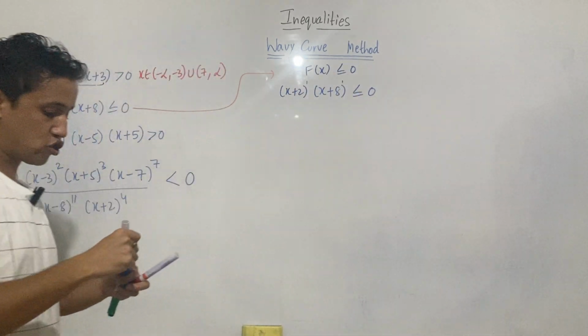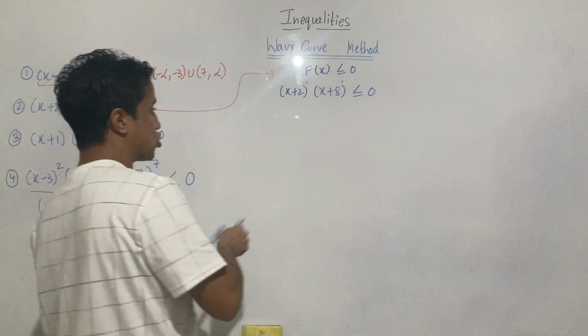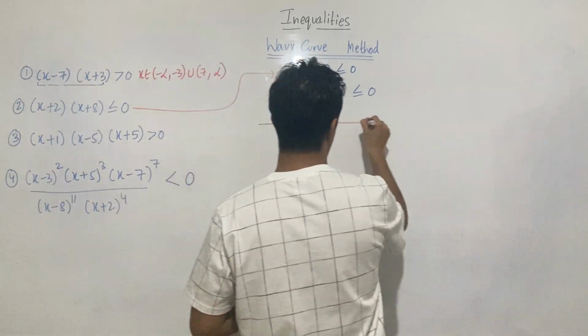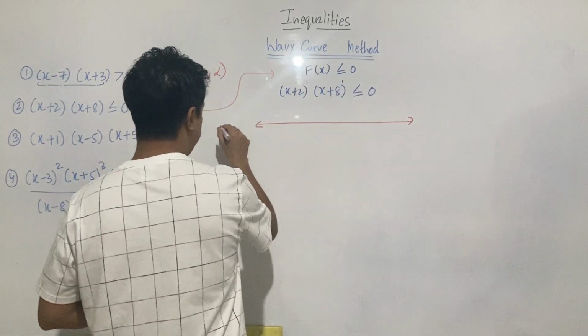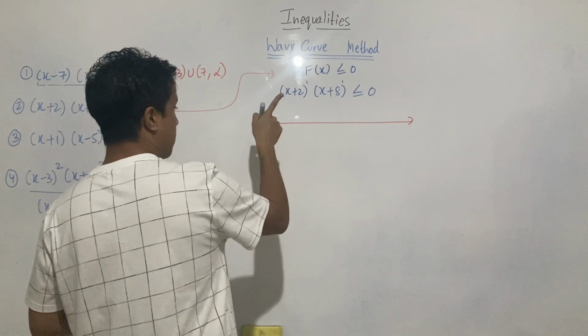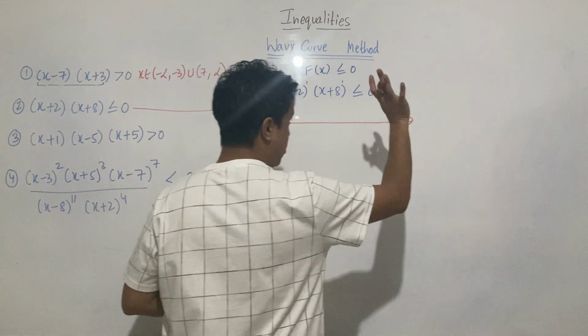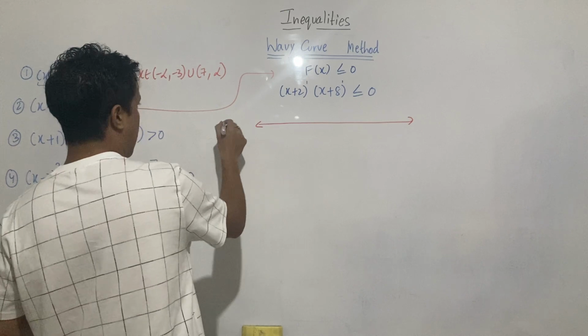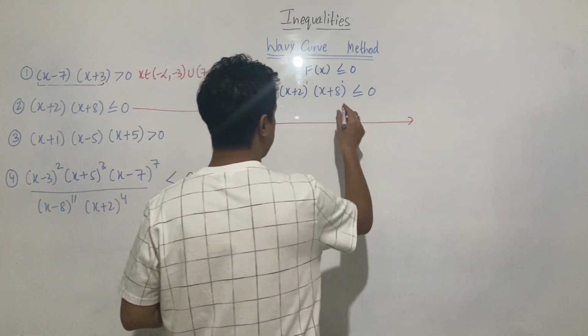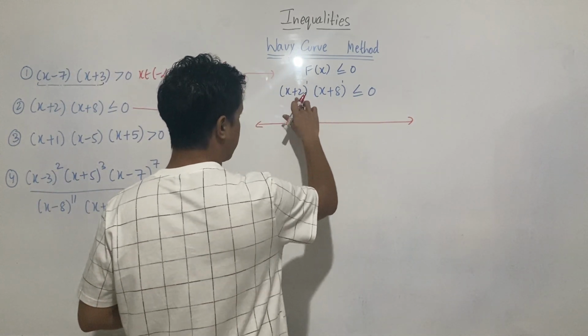So what's going to be my first step? I am just going to draw the number line. My expressions are already rearranged, so my first step is how to represent these points.